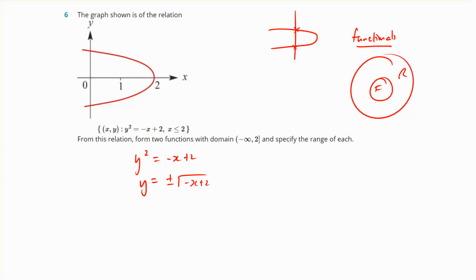What we want to do is, from this relation, form two functions with the domain and specify the range. This y squared equation represents the combined graph of these two, because there are essentially two pieces.